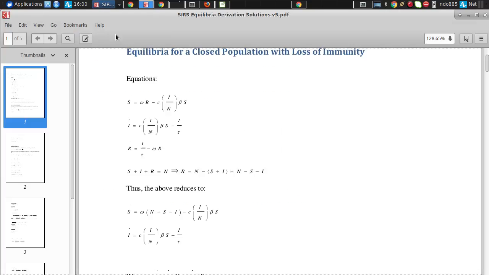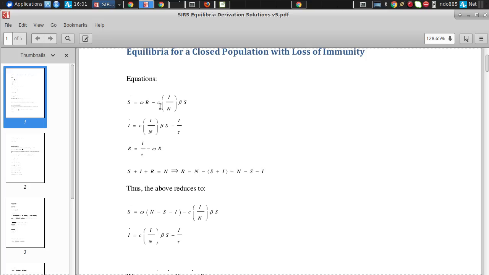Here omega is the rate of recovery. This is kind of the standard reasoning. This C is the rate of contact. I over N is the fraction of people who are infective.